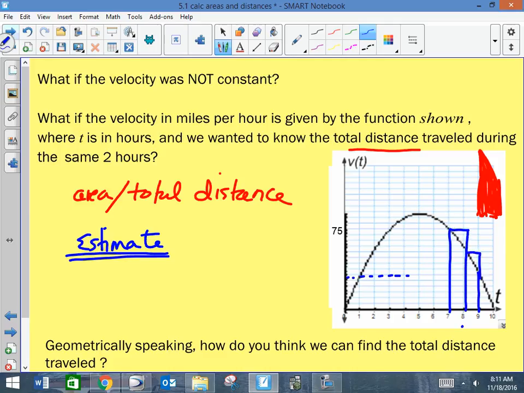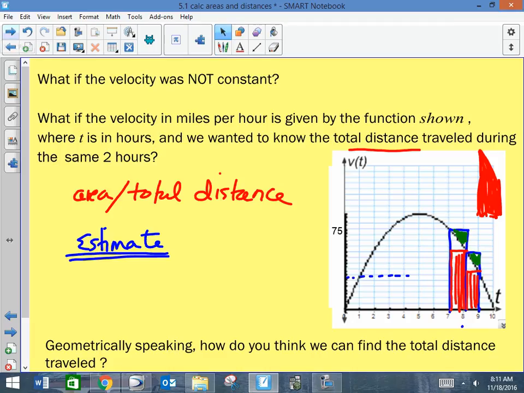Where this is an overestimate, right? So we could do that, and knowing we got 2 pieces that are a little bit more, we could go a rectangle underneath and do this one and this one, and then we're under the actual. Calculus honestly is going to tell us exactly what that area is. So that's kind of where we're going.